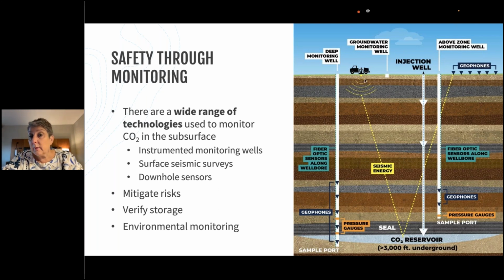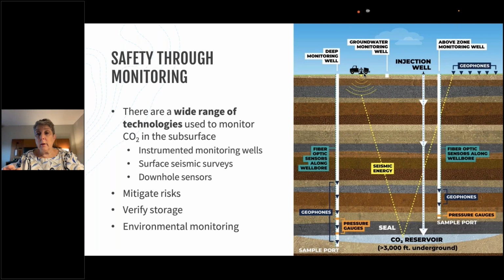So seismic is a good example. You maybe have seen one of these trucks. It's a truck that essentially has a plate on it. That plate makes connection with the ground and it sends a sound wave, an energy wave, through the subsurface, and then the sound bounces off and is collected by geophone recorders at the surface.